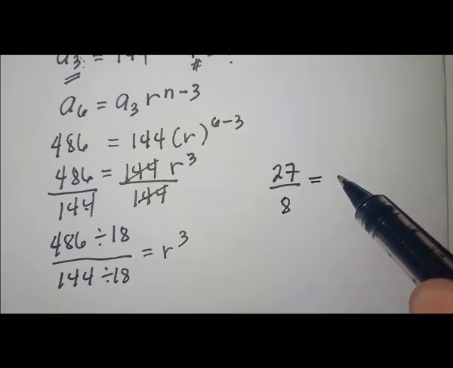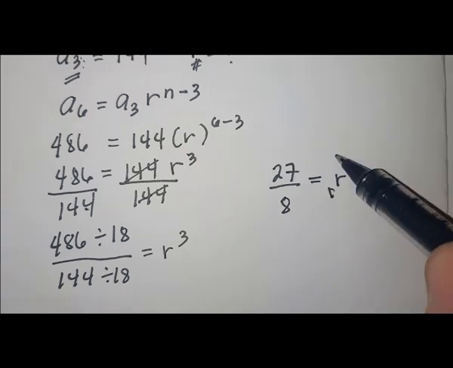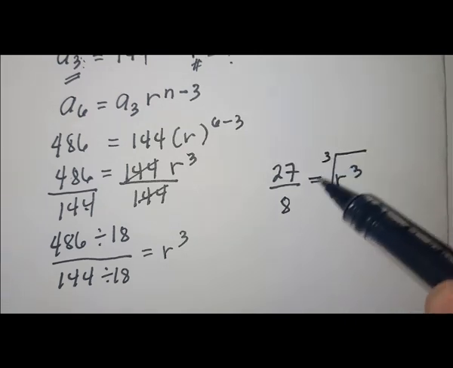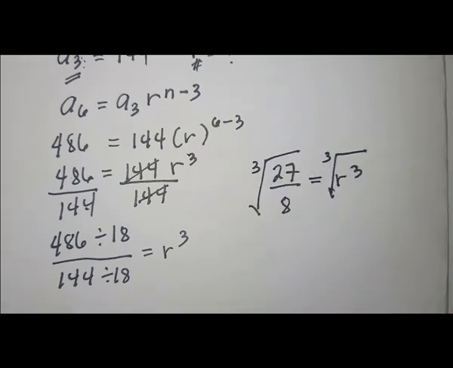So, equals R cube. So, sabi natin, kailangan natin yung common ratio. Dahil R cube to, kunin natin yung cube root both sides. So, cube root of R cube, cancel na to. R na lang matitira. Ano ba yung cube root ng 27? Okay, good.